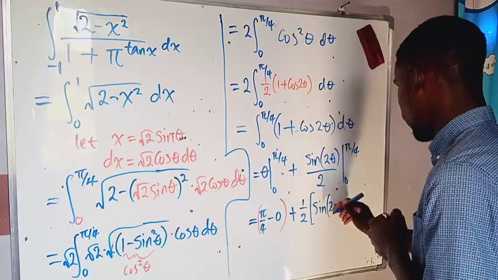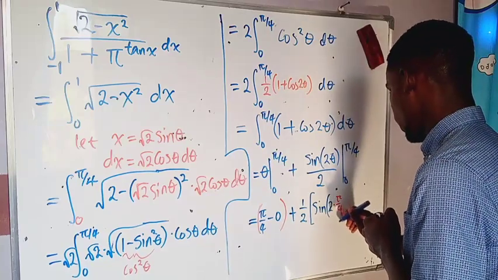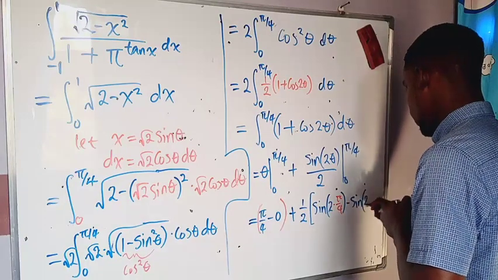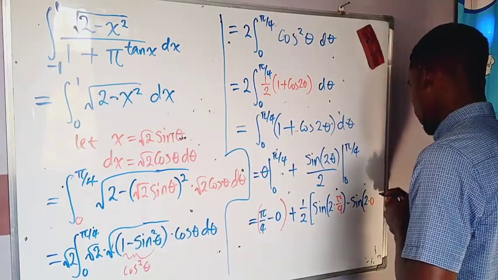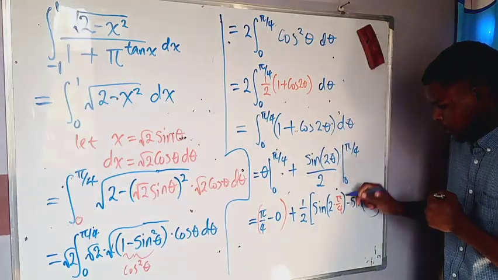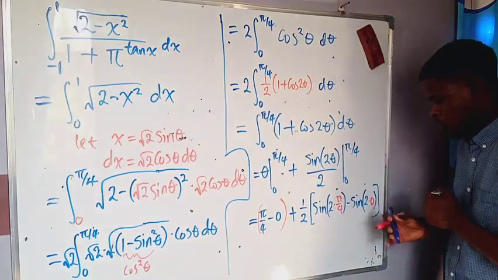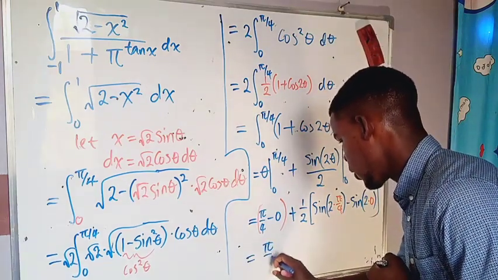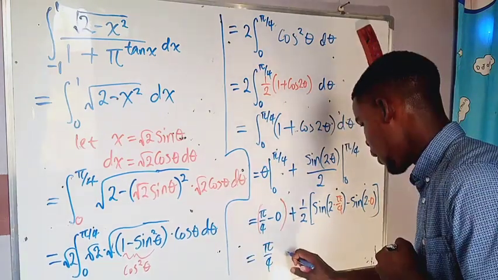When theta is pi over 4, we have 2 times pi over 4, minus sine of 2 times 0. That is the upper bound minus when we substitute the lower bound. So we have pi over 4 right here.